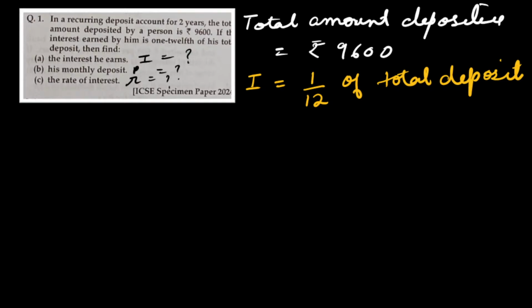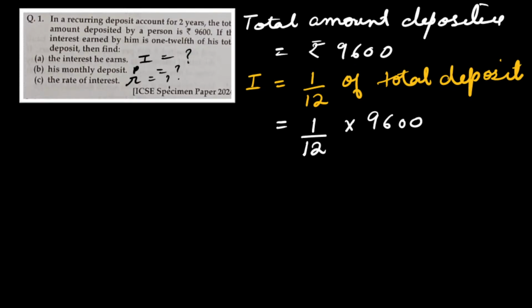First of all, total deposit is given to us, so I we can find easily. It's given that I is equal to 1/12 of his total deposit. So 1/12 of means multiplication. Total deposit is already given to us, 9,600, so here itself I am substituting the value.